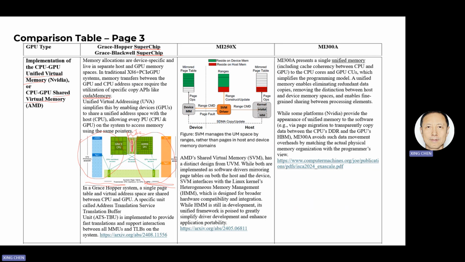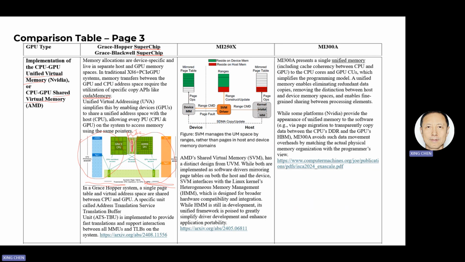Basically, the idea is that you have to make the two virtual address spaces communicate with each other, and the best way to make this happen is to make these two virtual address spaces a unified one. So it's called unified virtual memory or unified virtual addressing. Basically, you need to make this happen.